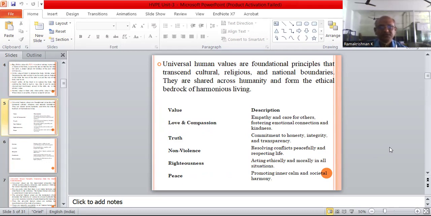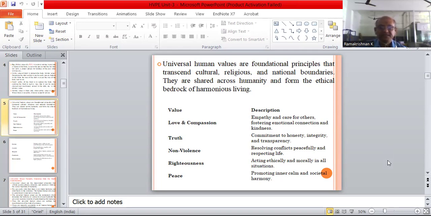First, love. Love is the basis for every living organism, not only for humans. It is considered as care for others, and it provides empathy for others. And truth is revealed in our activities by being honest and having integrity with others. Then non-violence: in all our activities, we have to resolve problems in a peaceful manner.